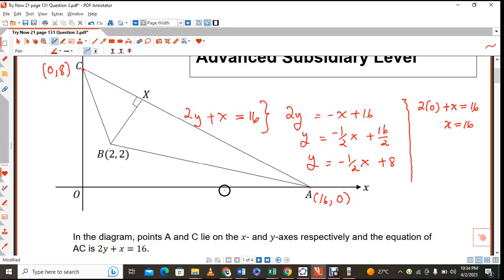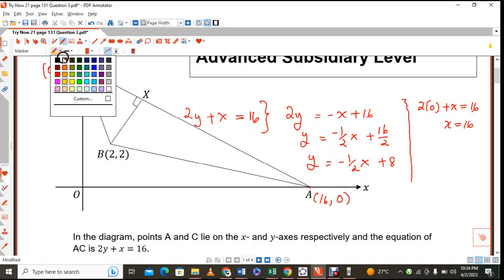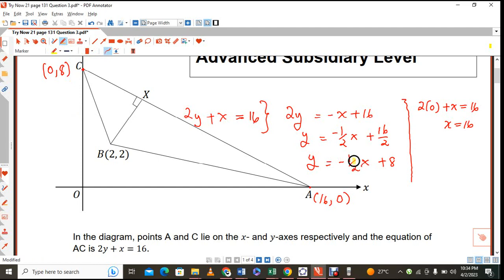Okay, so I can complete those points. I could have used the same scenario by making x 0 in order to find the y-intercept. I just rewrote this in this form primarily because I am looking for this gradient, because this gradient is going to help me solve whatever questions are coming.